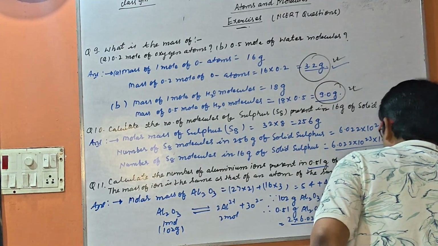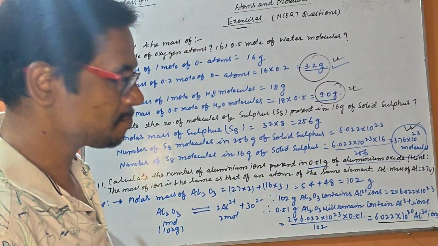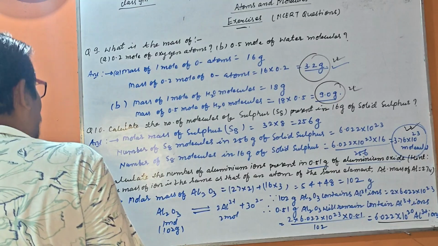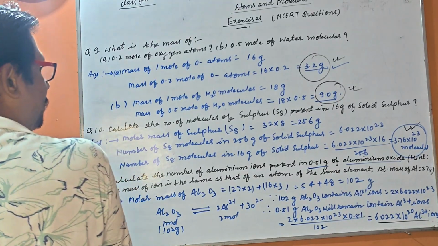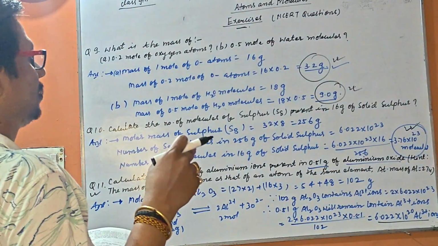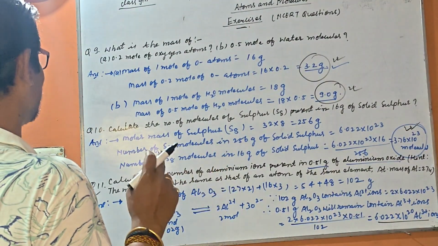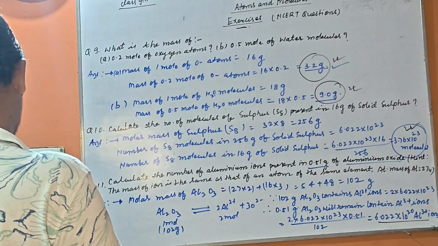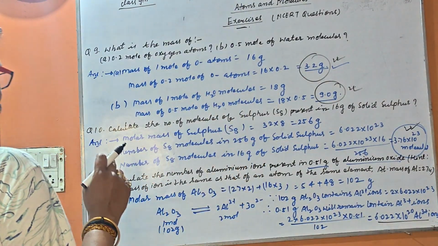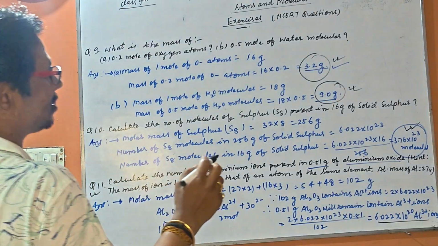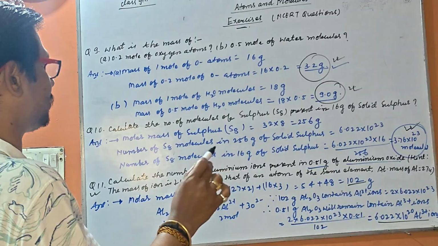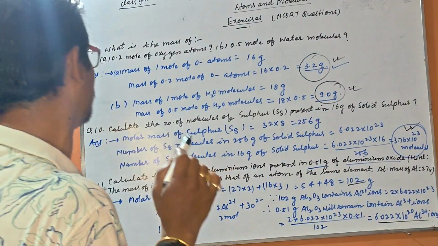Let us understand these things in a very simple way. Question number 11: calculate the number of aluminum ions present in 0.51 gram of aluminum oxide. Hint: the mass of an ion is the same as that of an atom of the same element. Atomic mass of Al is equal to 27 u. So molar mass of Al2O3 is equal to 102 gram. Al2O3 gives 2Al3+ and 3O2-, 1 mole giving 2 moles, 102 gram.